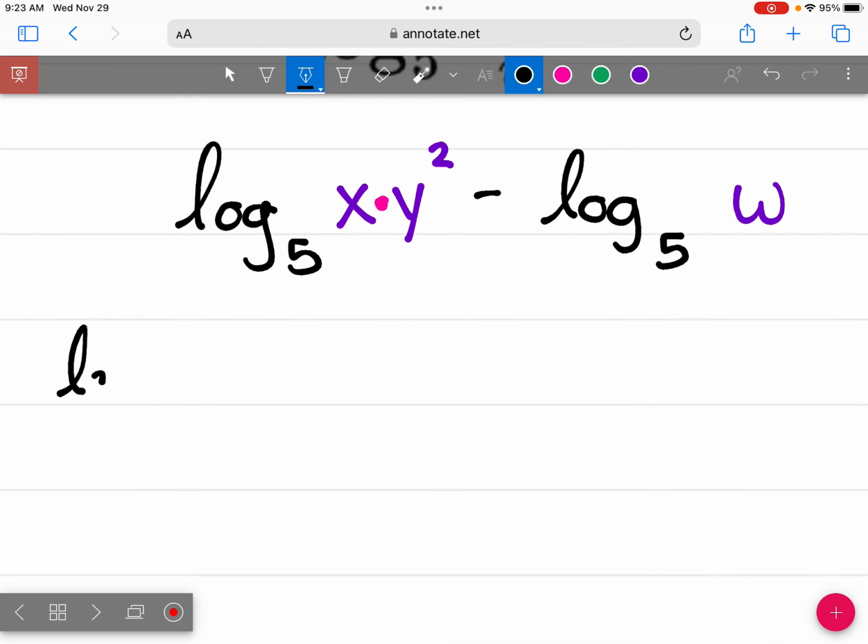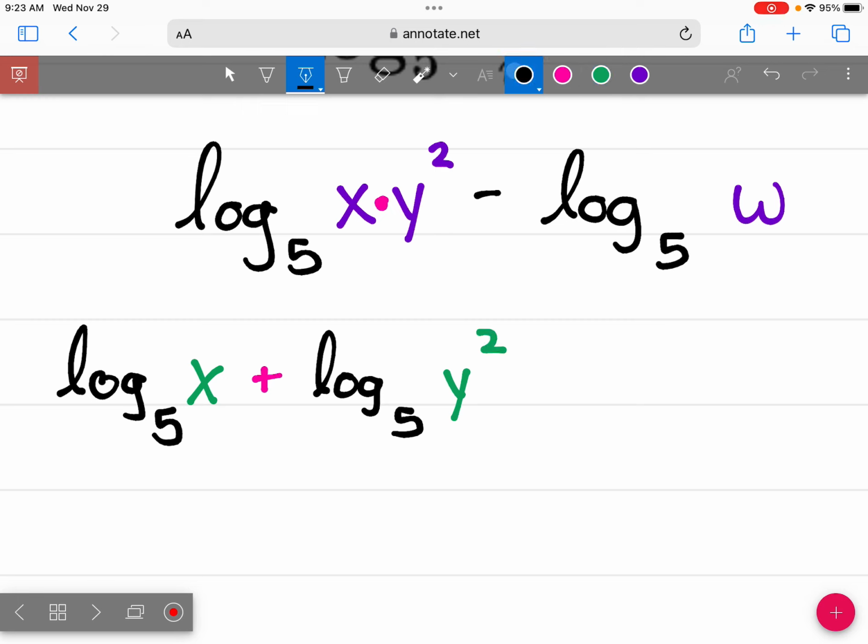So we're going to have log base 5 of x plus log base 5 of y squared minus log base 5 of w.